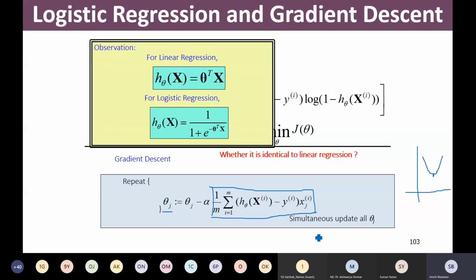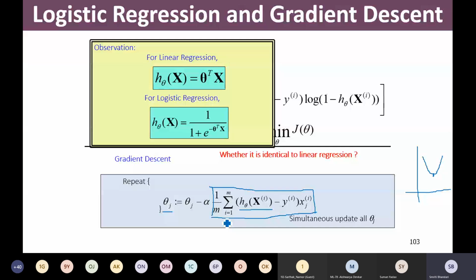That is why, even though in gradient descent my expression looks similar, and we minimize a similar kind of cost function after getting the partial derivative, both are different, because h theta x is different for linear regression and for logistic regression.